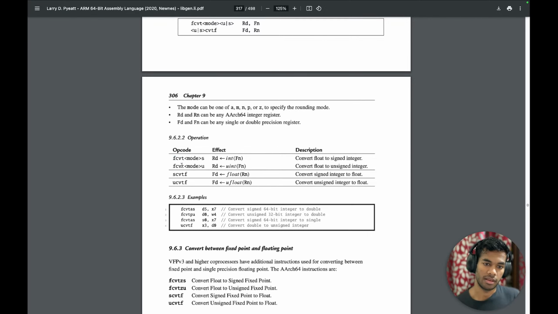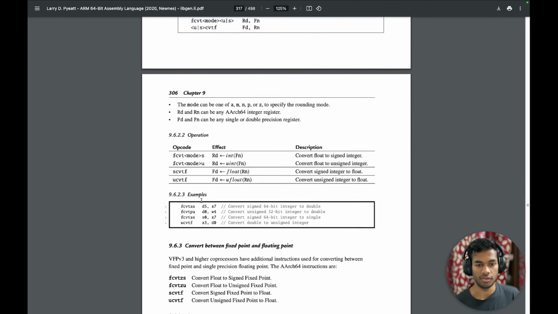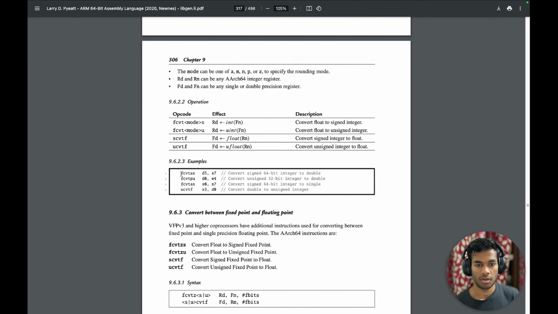Then I convert floating point to signed, and floating point convert to mode unsigned, and that makes sense and is understood. Now floating point convert AS, that is away from 0 and signed, and plus infinity and signed. Here I have away from 0 and signed.